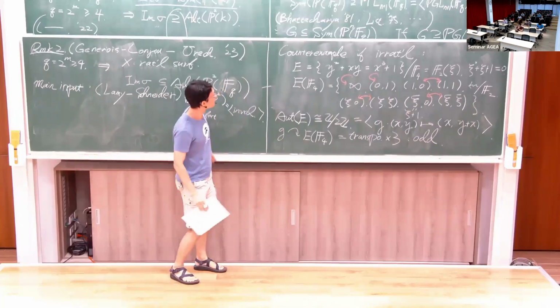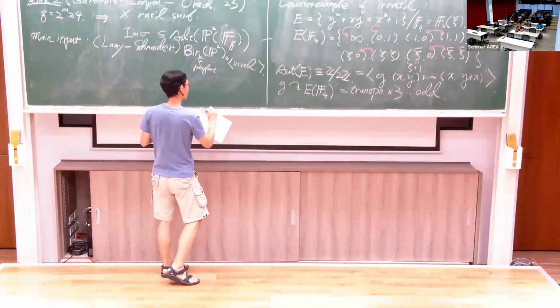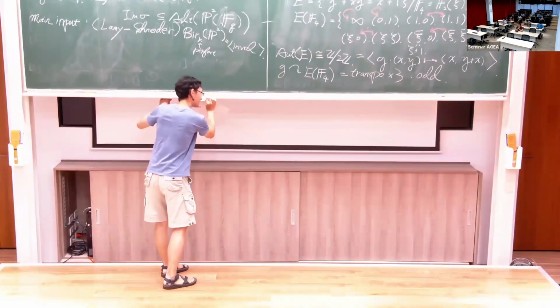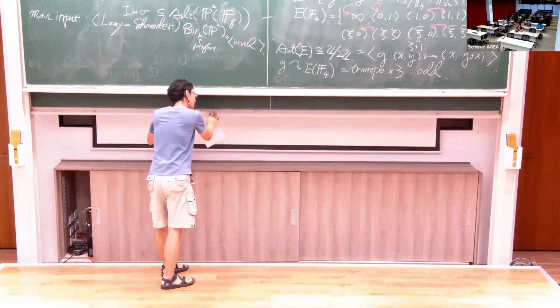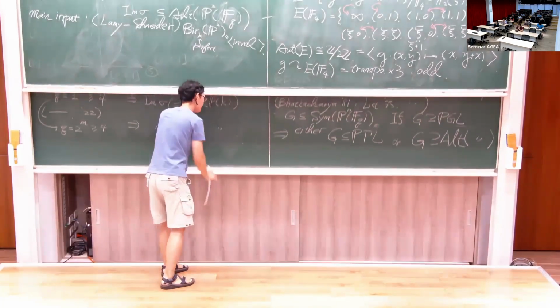So from here, it's not hard to produce a surface with an automorphism which produces an odd permutation on a set of rational points.